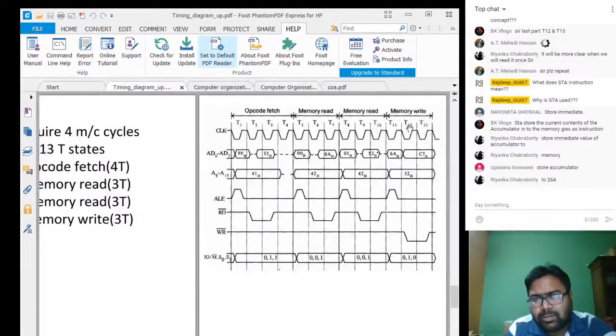Next, here someone asked what is happening in T12 and T13. So in T12 and T13, whatever data is there will be placed in that particular memory location. So here they have not specified what is there in the accumulator. They are only assuming that C7 is there in my accumulator and you are storing this in 52 6A.